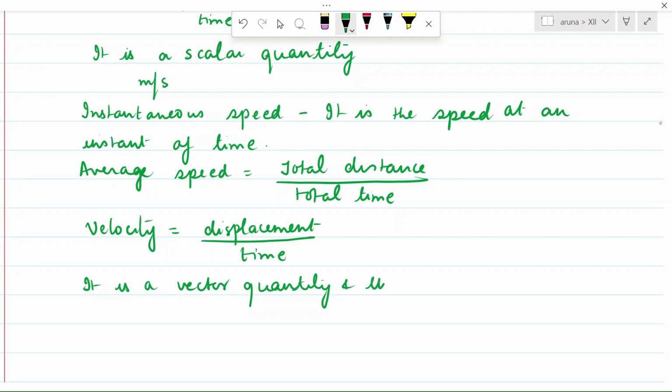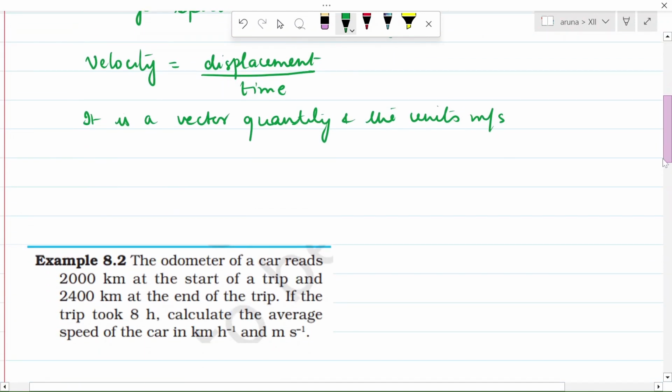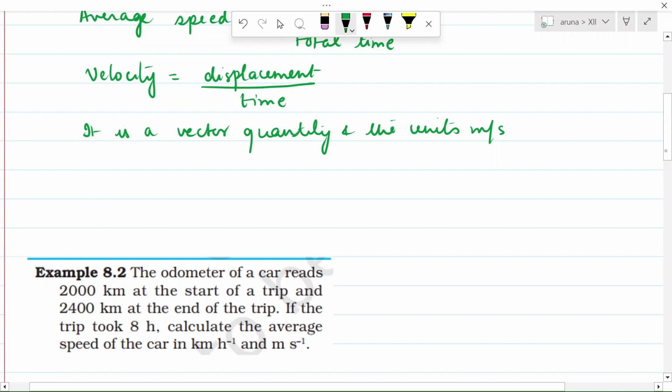And the unit is meter per second. So it goes almost in the same way, but because the direction is involved, it's a vector quantity, and we calculate velocity by the displacement. So velocity is not something which you're going to observe anywhere. You have to calculate that.